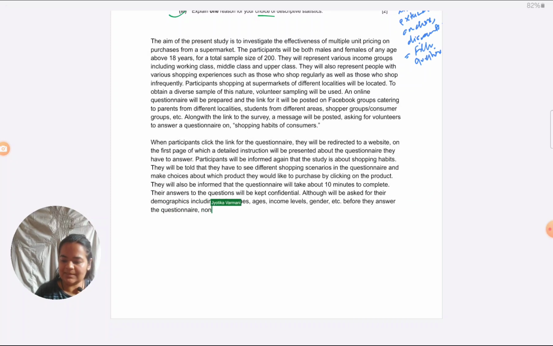None of these details will be revealed in the report of the study. Only group-wise statistics will be published.